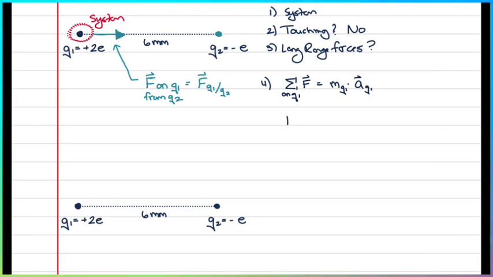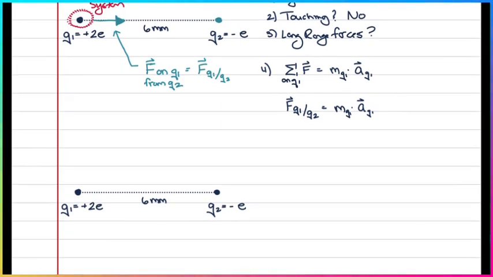So in this case, it is F on Q1 from Q2 equals mass of Q1 times the acceleration of Q1. That is Newton's second law. And I know, just by looking at the diagram, I anticipate that this force will be pointing towards the right, and the acceleration will be pointing towards the right as a result.